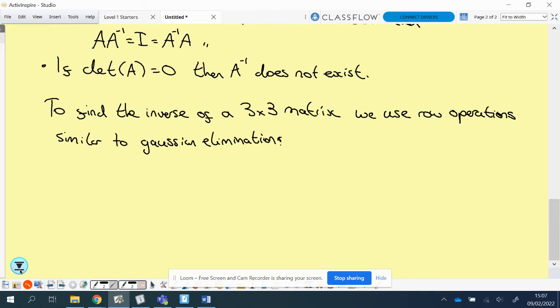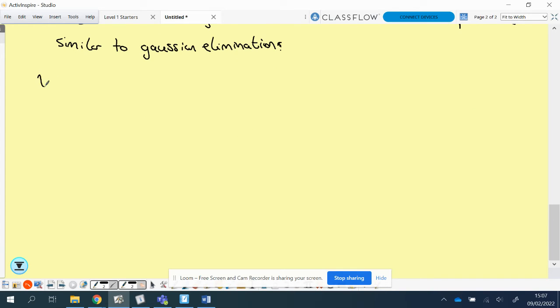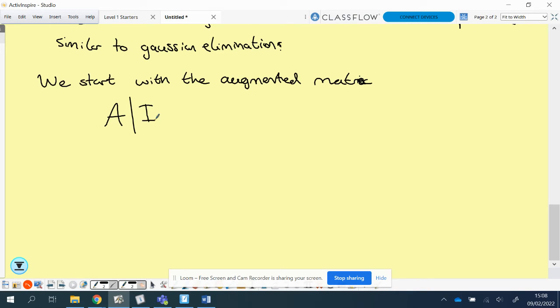What we're trying to achieve here is, we start with the augmented matrix A with the identity matrix to the right of it, and turn it into I with A inverse on the right hand side.